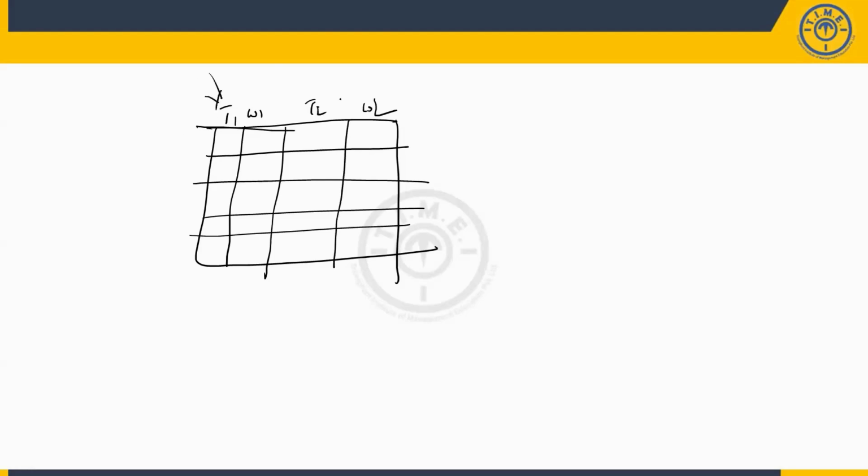So to locate the first tag or the second tag, we require a multiplexer. For a two-way set associative mapped cache, we require a 2x1 multiplexer. For a four-way set associative mapped cache, we require a 4x1 multiplexer.